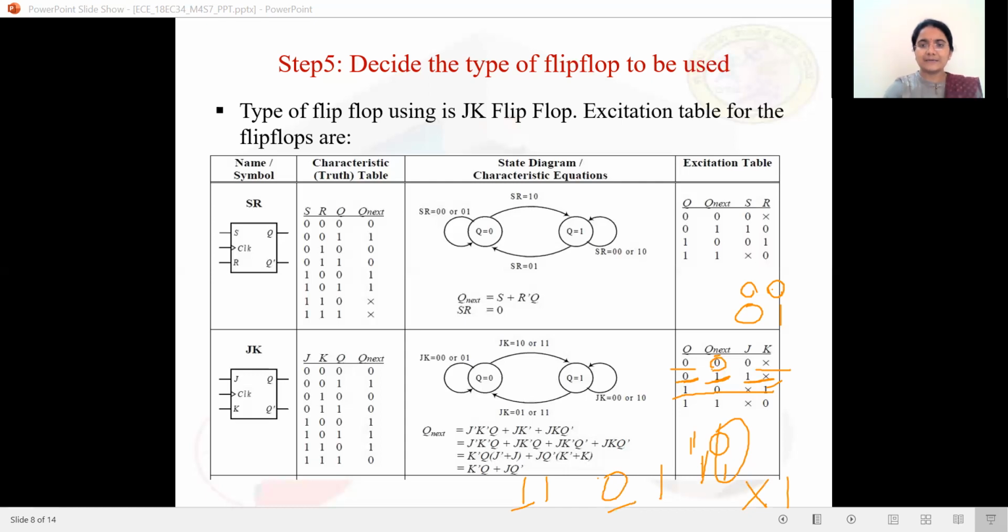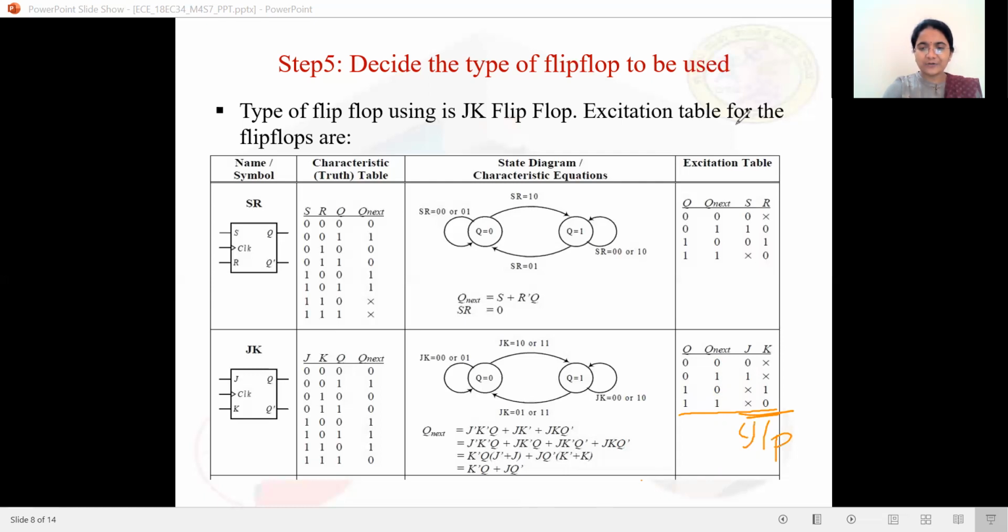And for this input, the present state is 1 and the next state is 1. J is equal to x. If you want to get the next state as 1 and the present state is 1, what should be the J and K inputs? Here we have to make this JK flip-flop set.